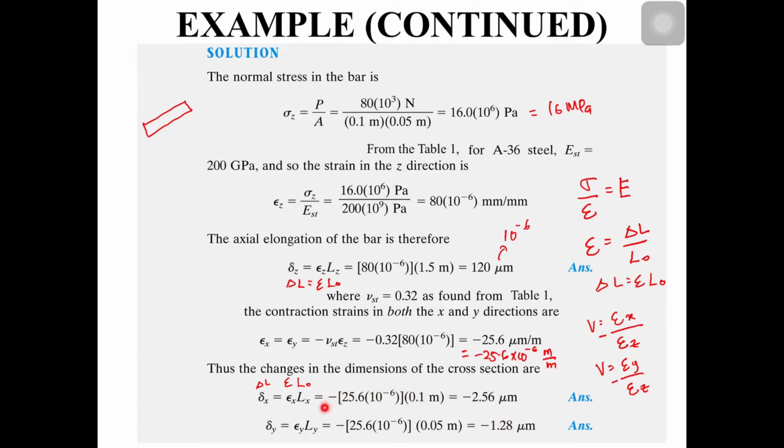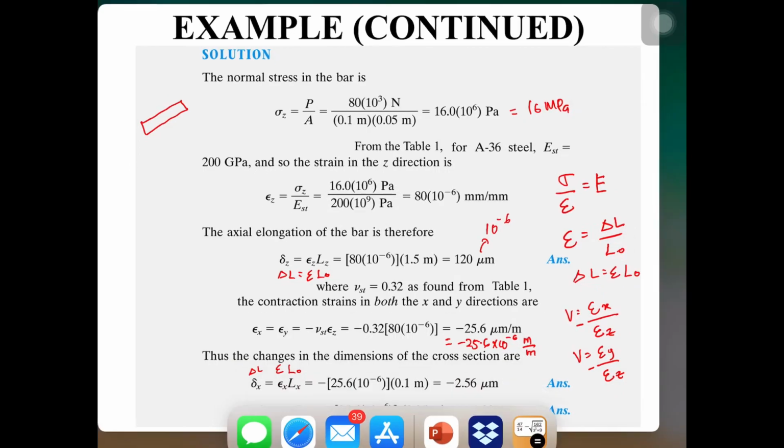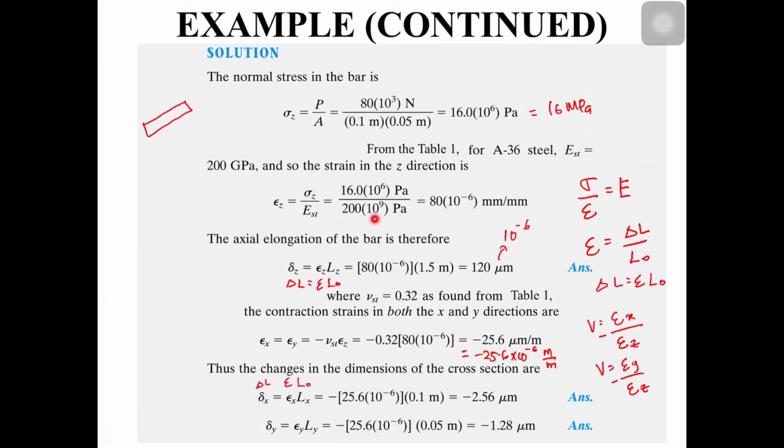So in the x and y directions, it will shorten by this value, but in the z direction, it will become longer by this value. If I draw this in 2D, this is the original length and this is your elongation. Let's say this is your x direction and this is your z direction.